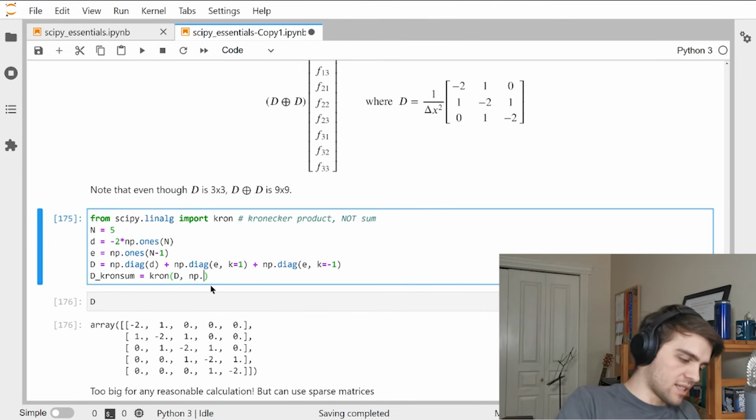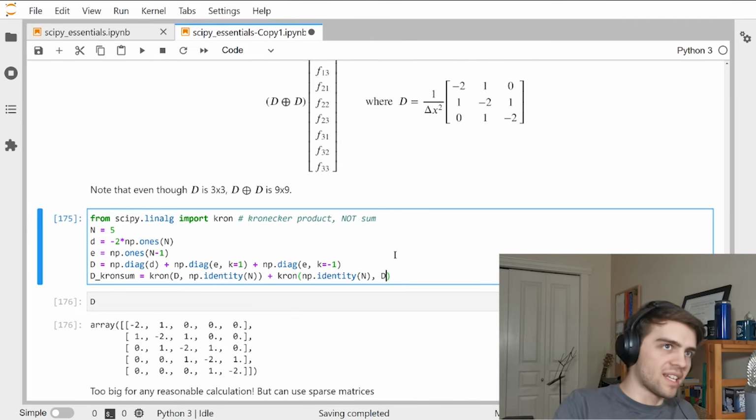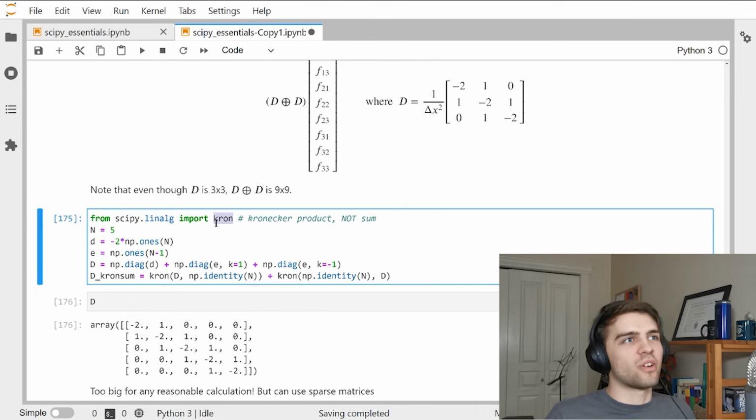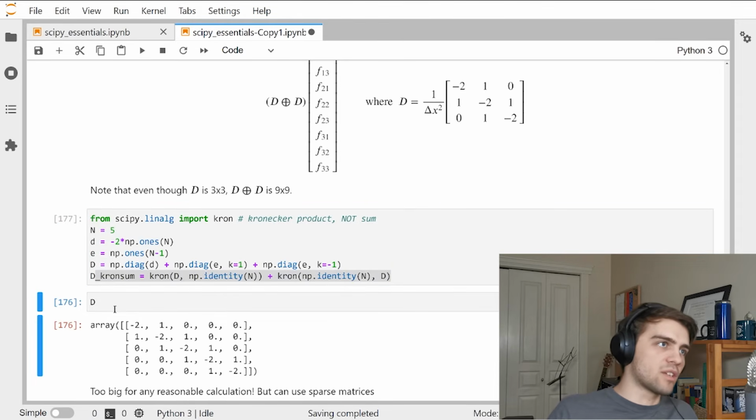So for that, I need this here: the Kronecker product of D with the identity matrix plus the Kronecker product of the identity matrix with D. That's how the Kronecker sum is defined. I know it's confusing, it's called Kronecker product, and then we compute the Kronecker sum like this. And then I have my D Kron sum.